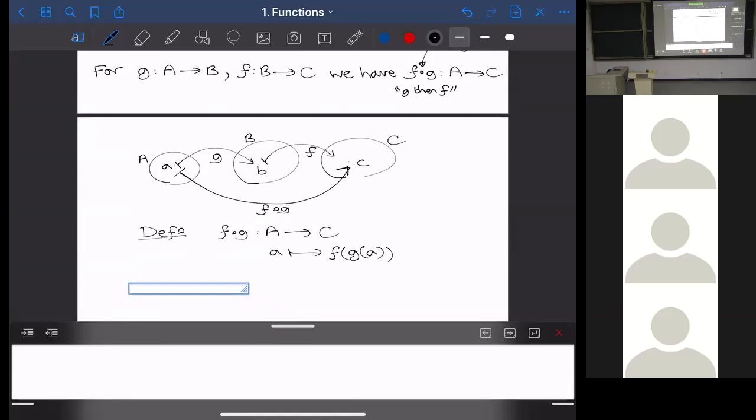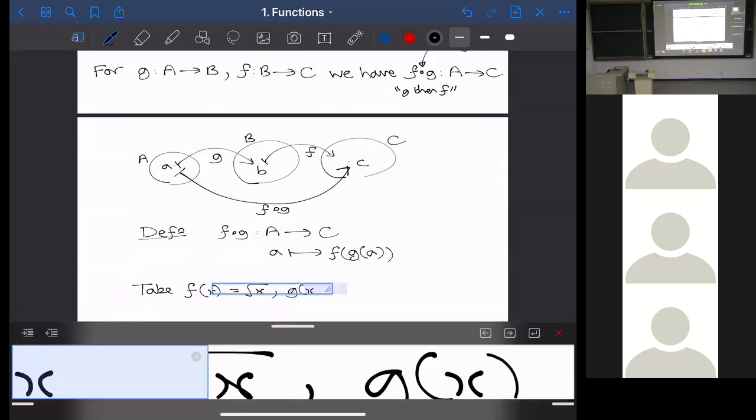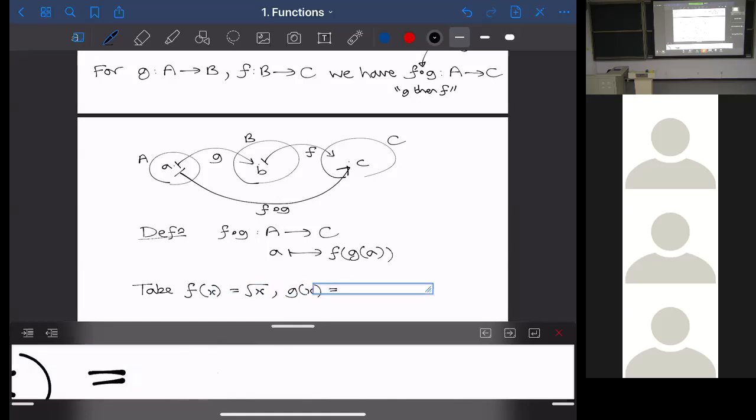Okay, so now take as an example f(x) defined by square root of x and g(x) defined by x plus 1.